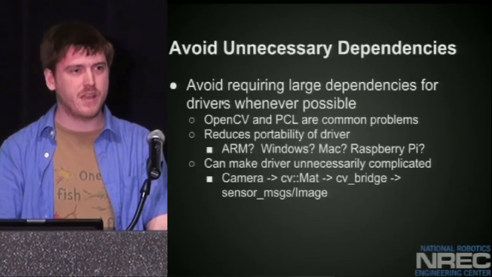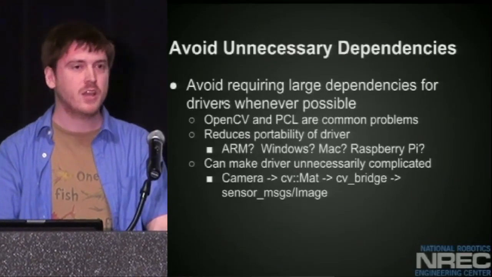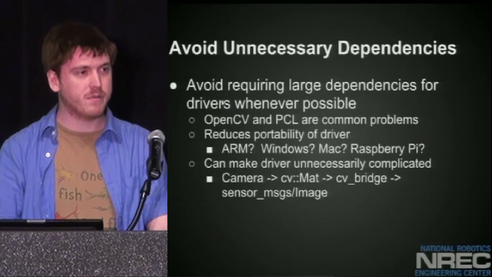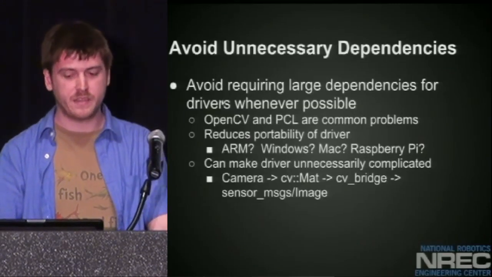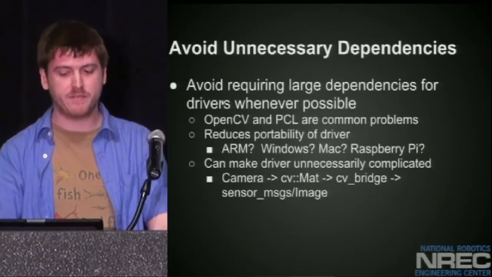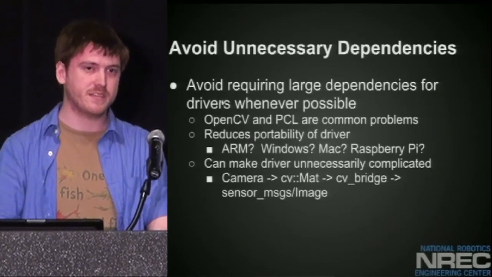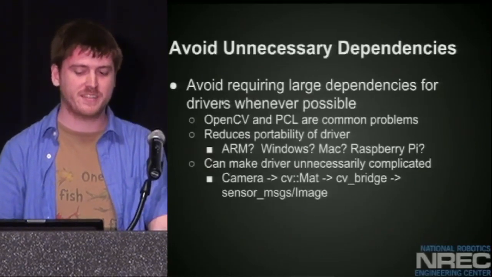And they can also make the driver unnecessarily complicated. You can imagine that if we used OpenCV in our hardware driver, we would go first from the API we're using to grab the image from the camera into OpenCV's cv::Mat format, and then finally to get that into ROS, we'd have to go to CV Bridge and then a sensor messages image. And that's pretty much 3 unnecessary steps.